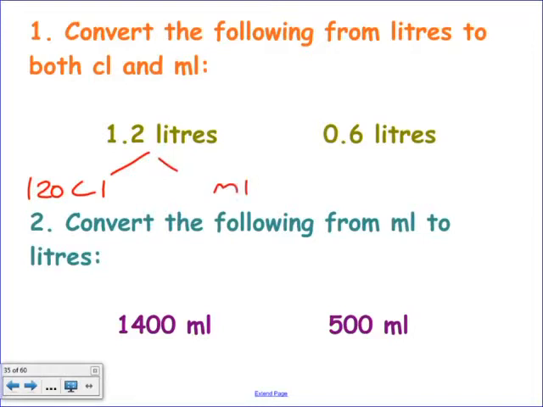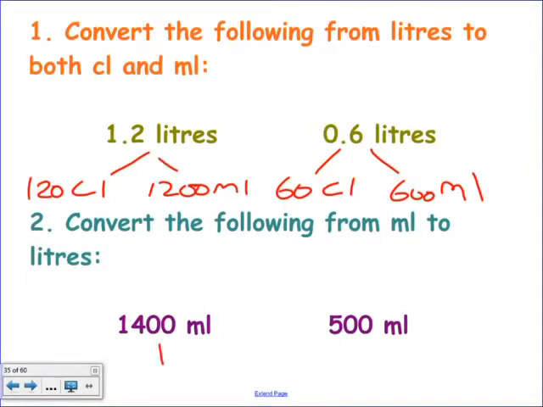How many millilitres? 1,200. Good. 0.6 of a litre in centilitres? 60. And millilitres? 600. Okay, so in both instances we're multiplying by the prefix. Centi 100, milli 1,000.